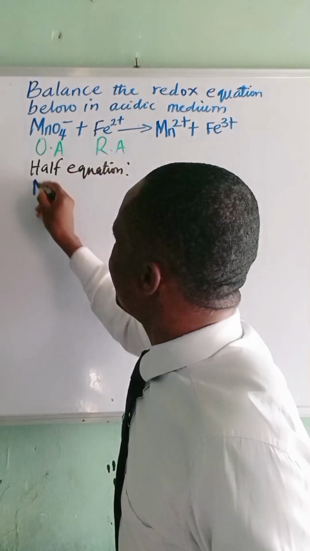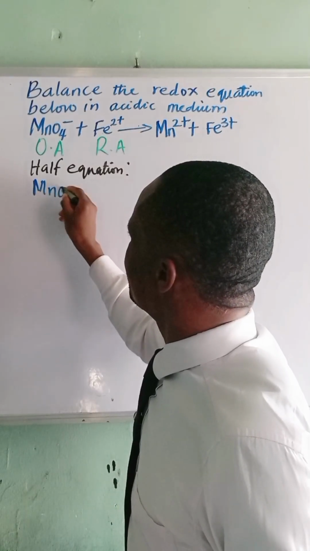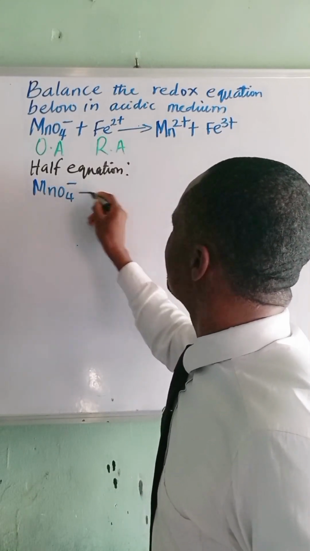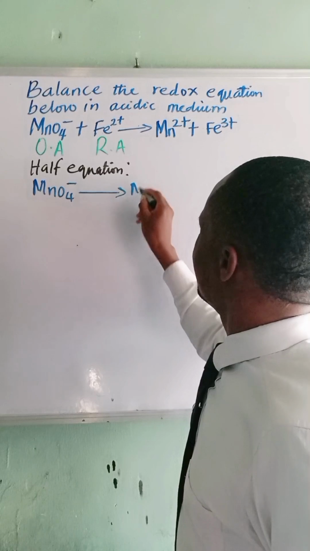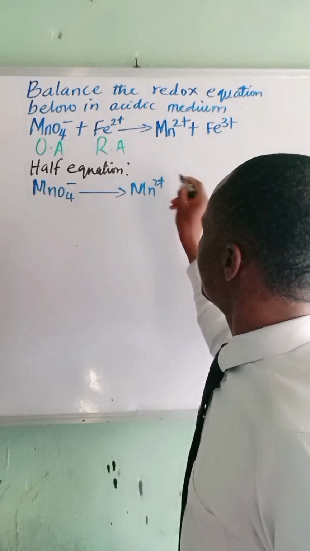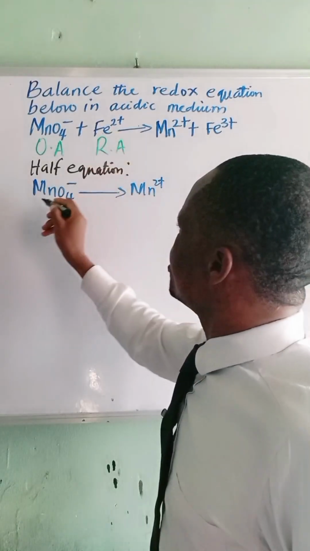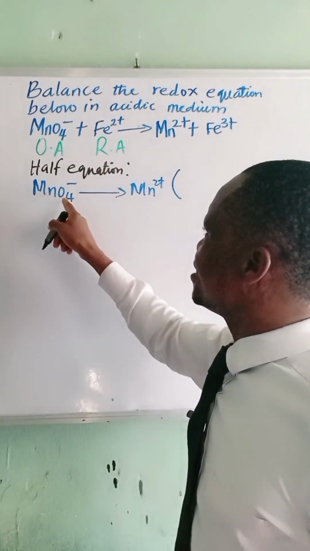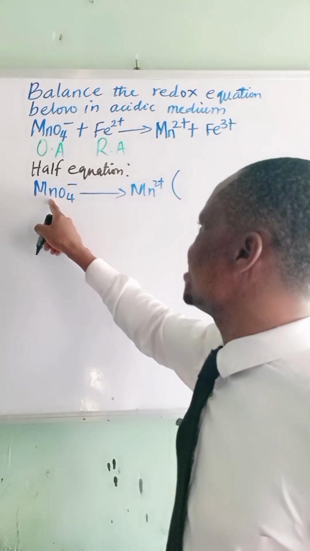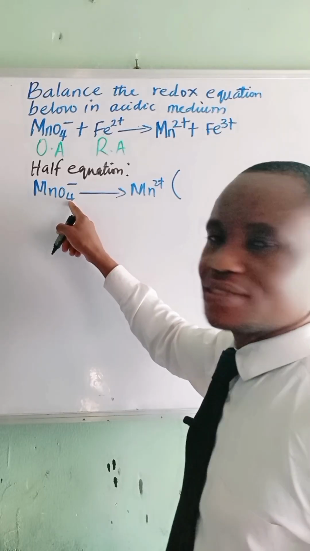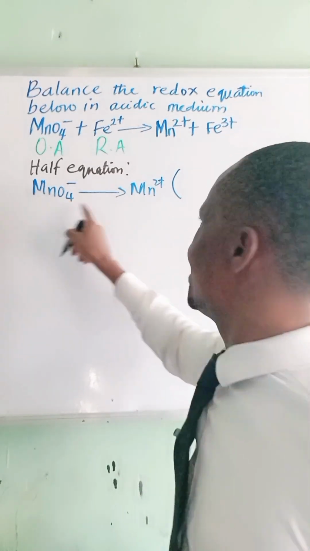So we have MnO4 minus giving us Mn2 plus. Remember, the oxidation state of manganese here is 7 and is 2 here.